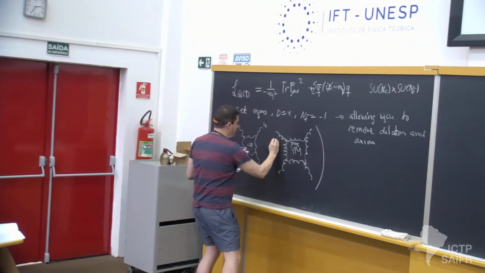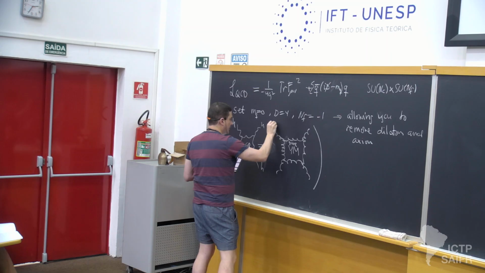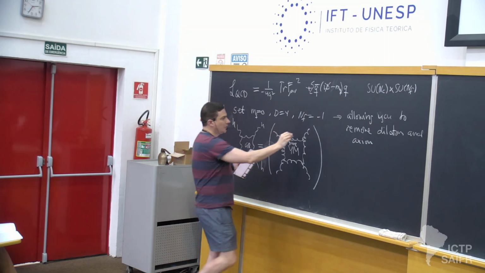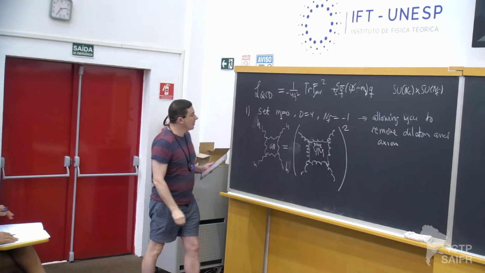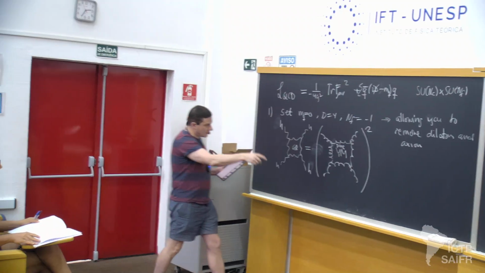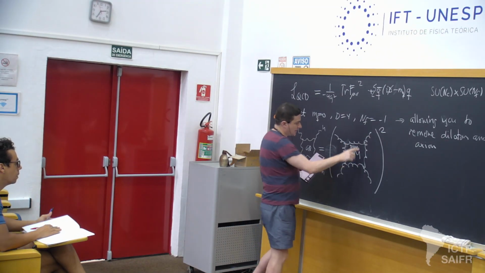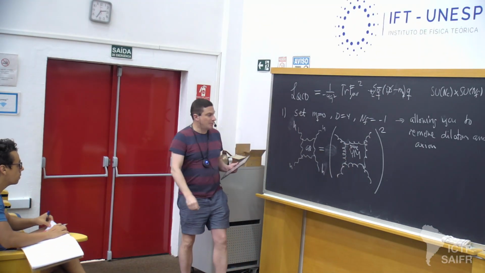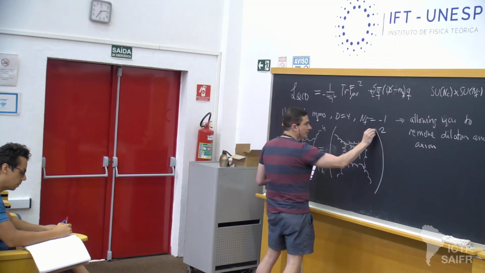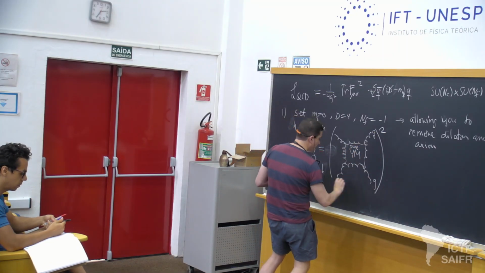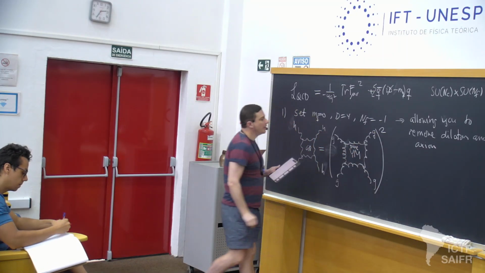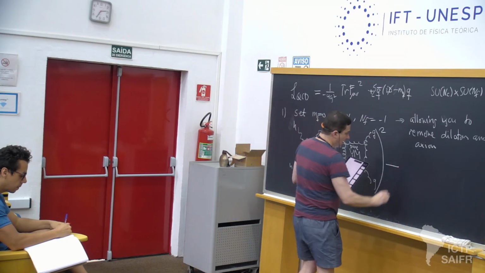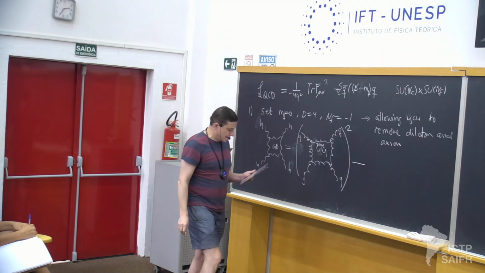And assuming that color-kinematics duality has been satisfied, you can now square this diagram. But the issue is, of course, that there will be axions and dilatons propagating in the loop here. And so these are gluons. So you have to subtract out unwanted states.